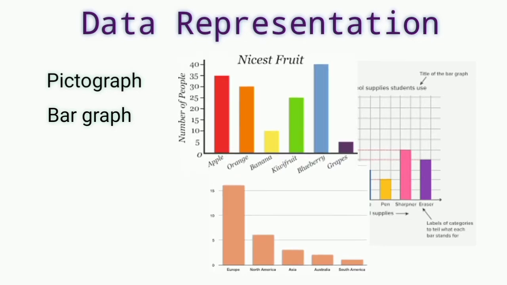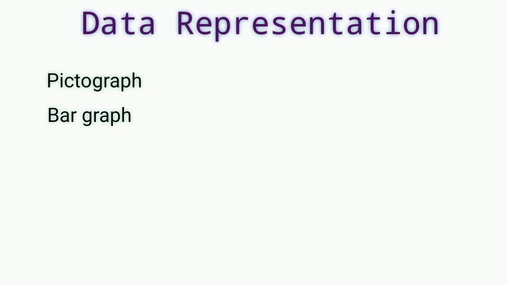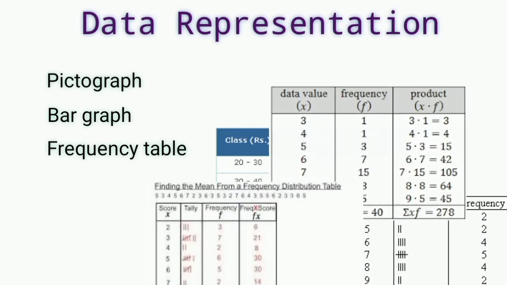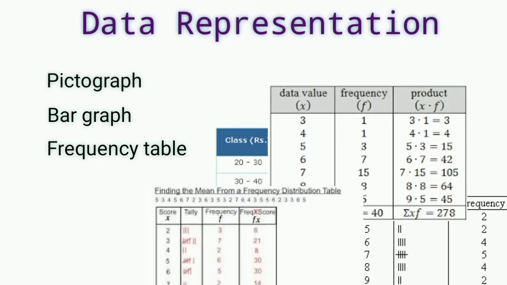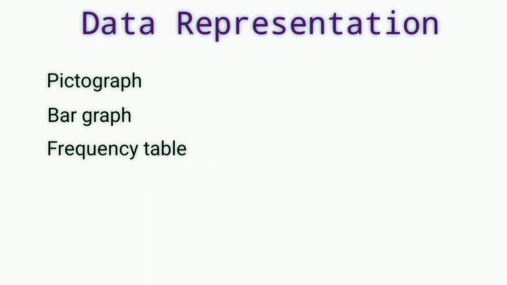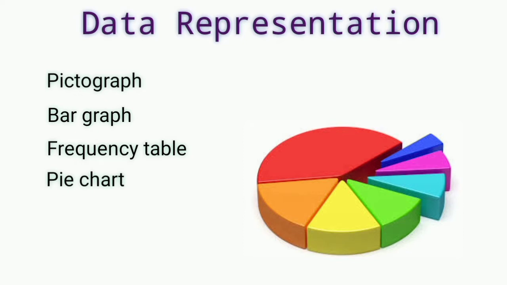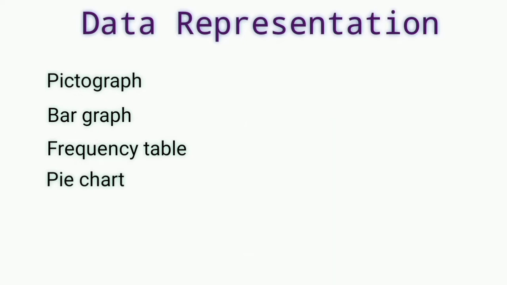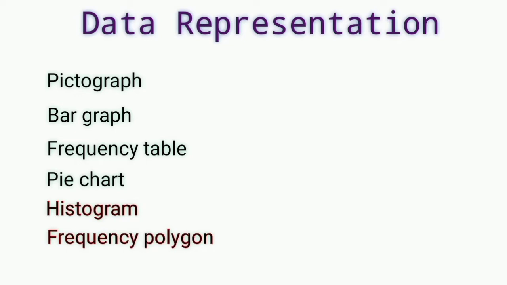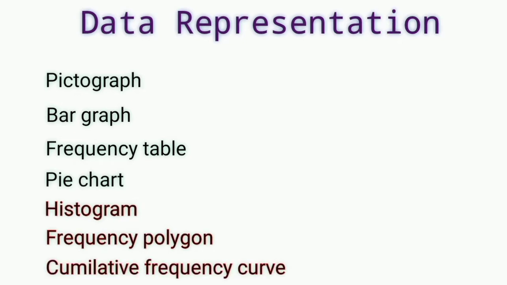Then in grades 8, 9 and 10, you studied frequency table and how to find the mean using frequency table. Again in grade 10, we studied pie chart. Here in grade 11, we are going to learn histogram, frequency polygon and cumulative frequency curve.